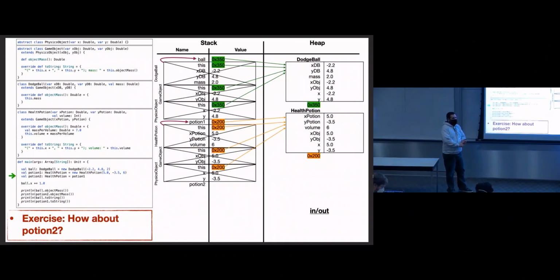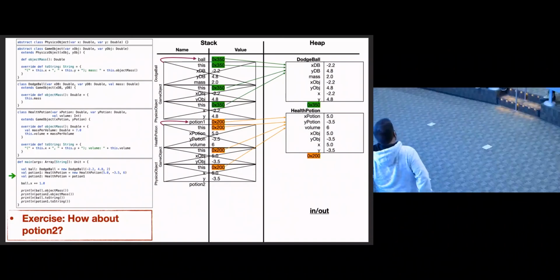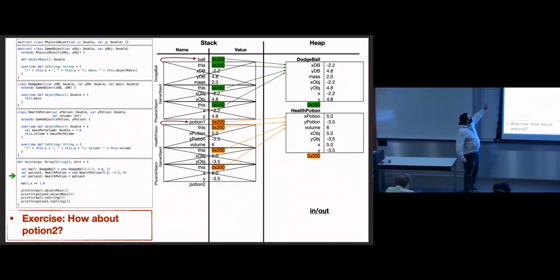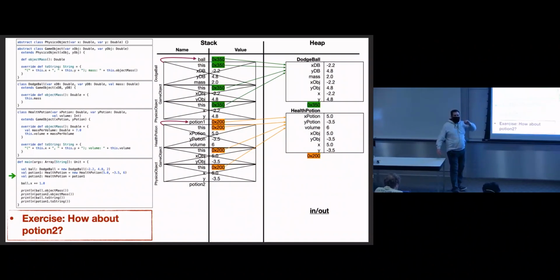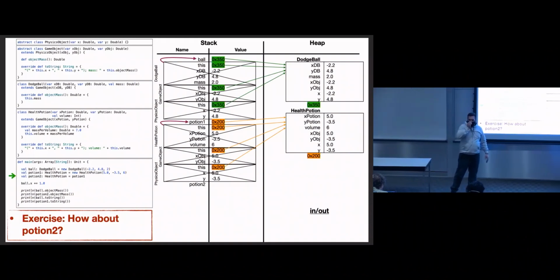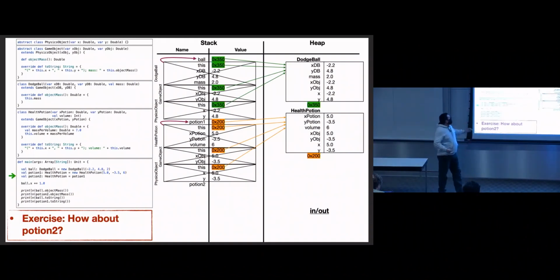So it's kind of like declaring a variable, declaring other classes. Yes. So the game object class is saying anyone who extends me will have an object mass method that returns a double. Guaranteed. They have to, or else they're going to get a compiler error. And then we're going to leverage that information.